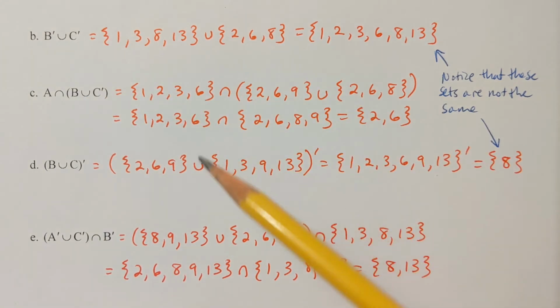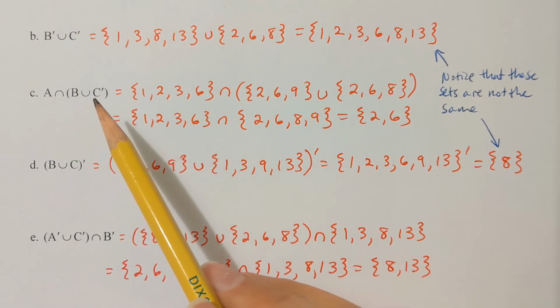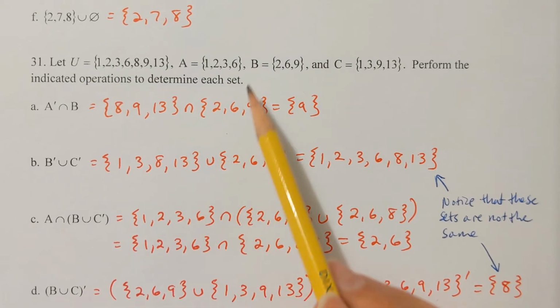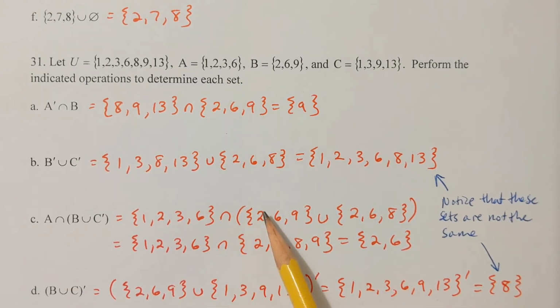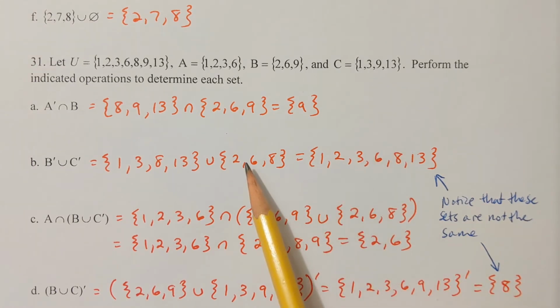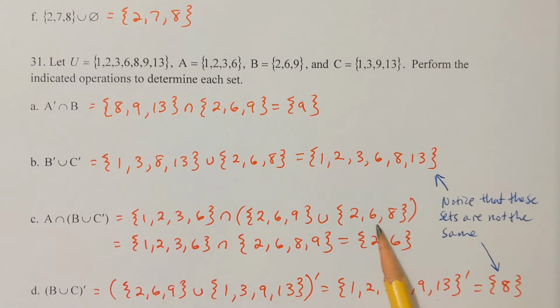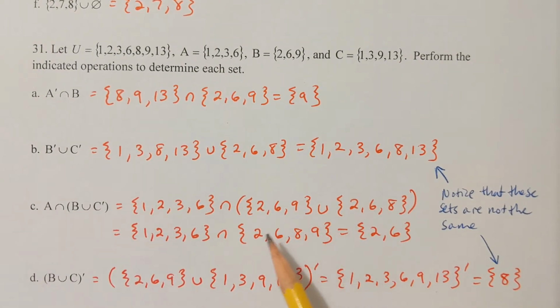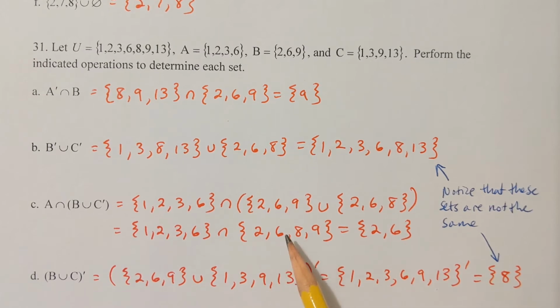I need to compute B union C complement first. So I'm just going to write A down, intersect B union C complement. I've already got C complement listed right here. Now I'm going to union these two sets together, so I'm going to join them together as one.